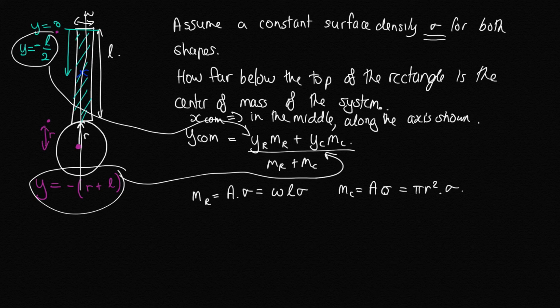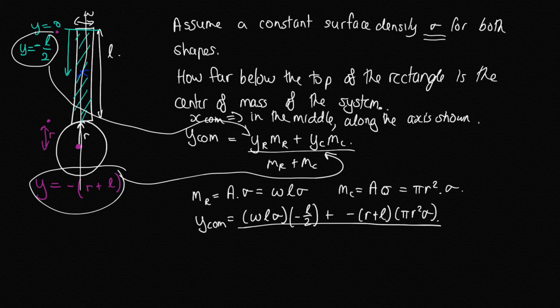Okay, so now let's substitute everything into our formula. So y center of mass is equal to m_R, which is W L sigma, times y_R, which was minus L on 2. And then y for the circle is minus r plus L. And then the mass for the circle is pi r squared sigma.